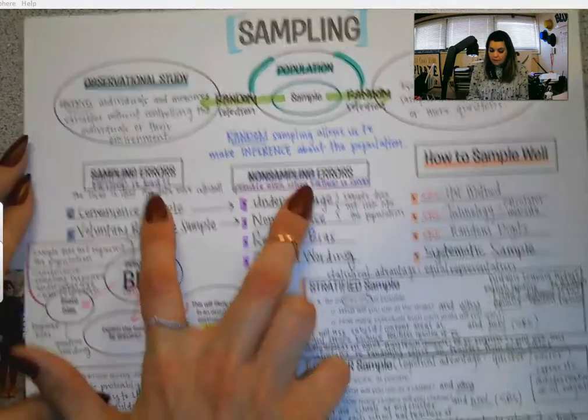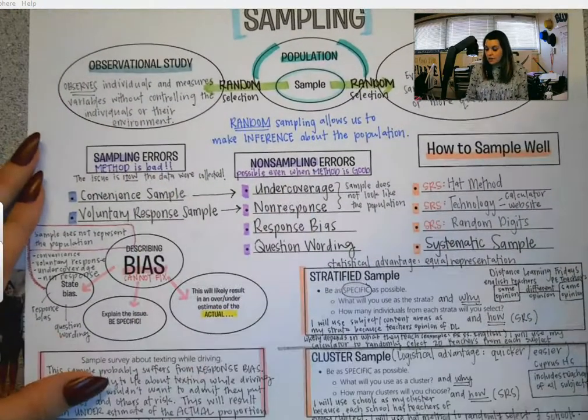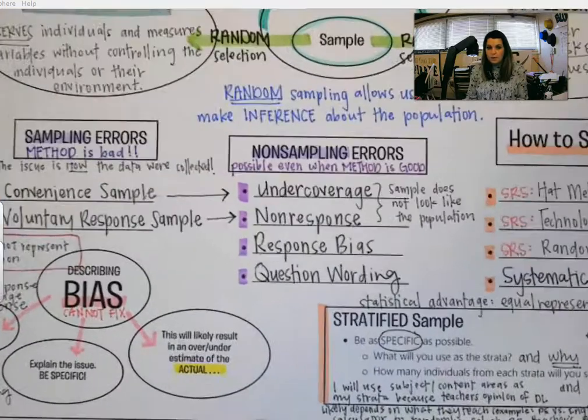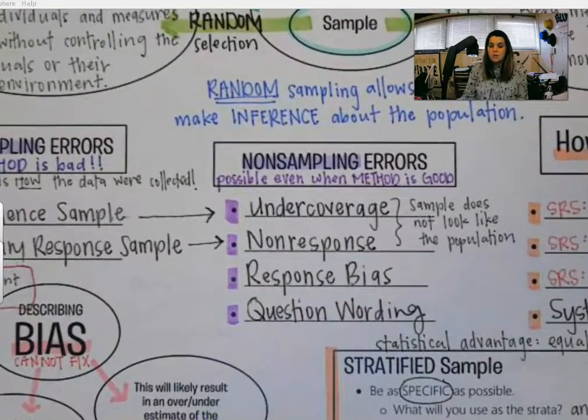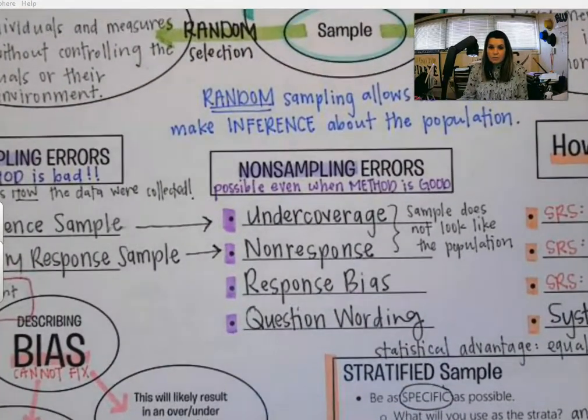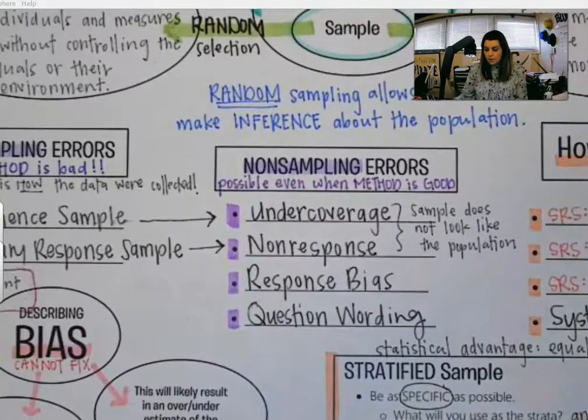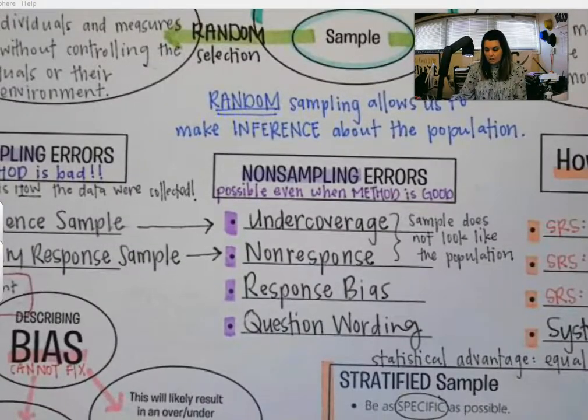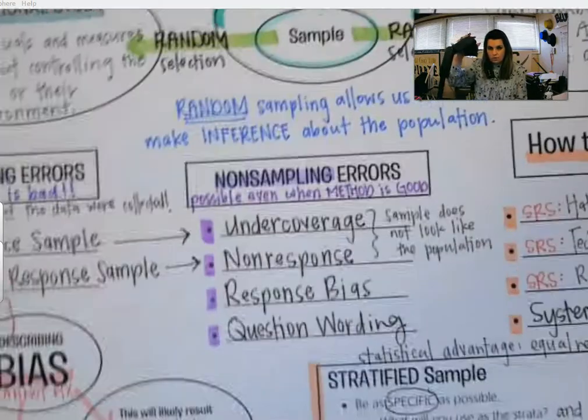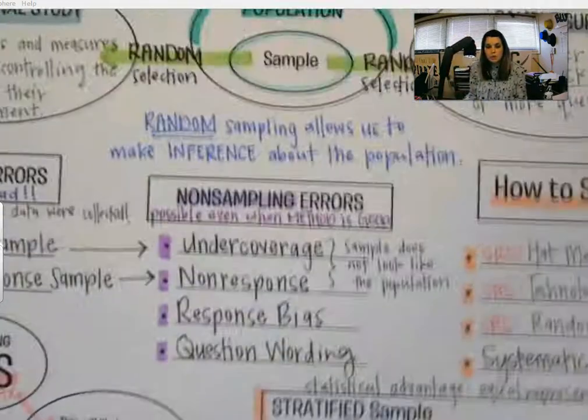We have sampling and non-sampling errors here, and just remember that they're different. So sampling errors occur when the method is bad. We have to be very clear on the fact that this happens when our method is bad. Sorry, I'm just trying to get this to show all of it, but it's not working.